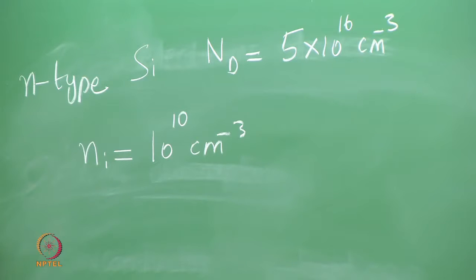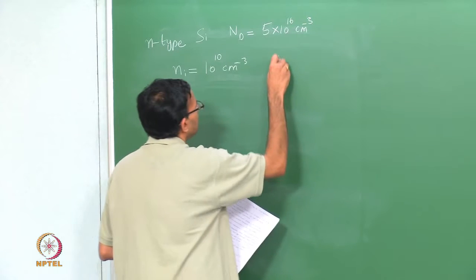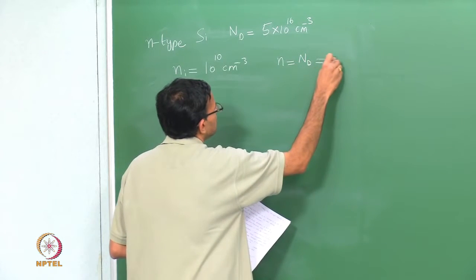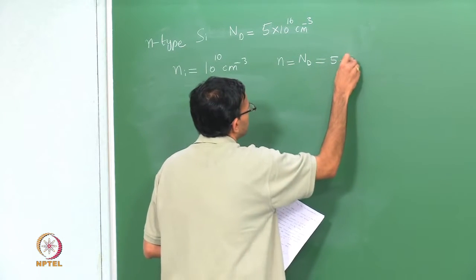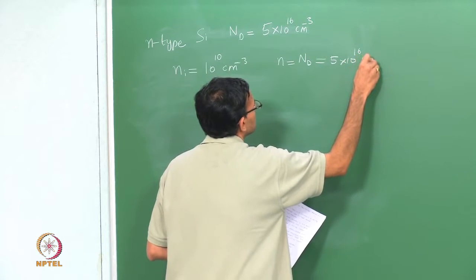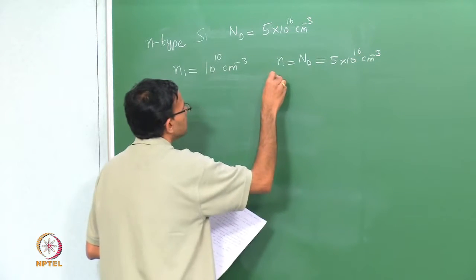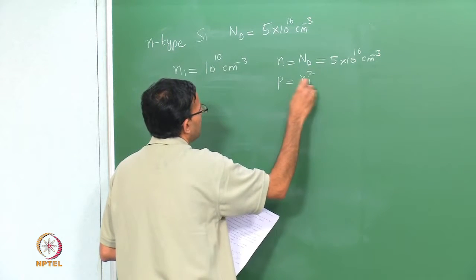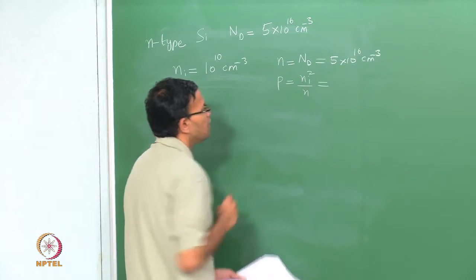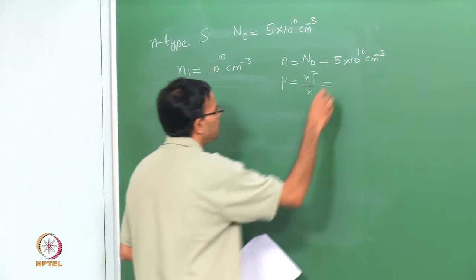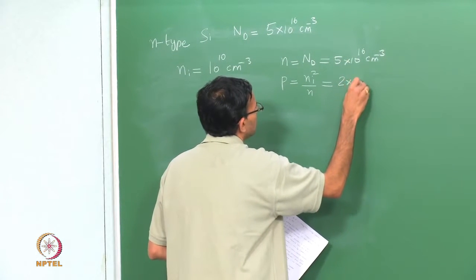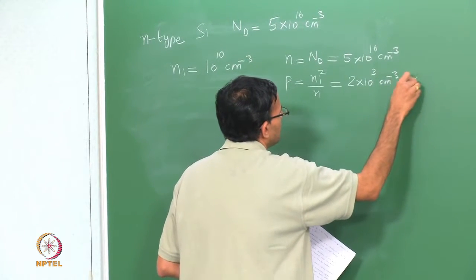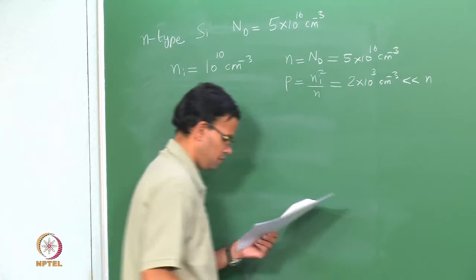So, if you have the semiconductor in equilibrium, we know that n is equal to Nd, which is 5 times 10 to the 16. p is just ni square over n, and if you do the numbers, p is just 2 times 10 to the 3, which is much smaller than n.